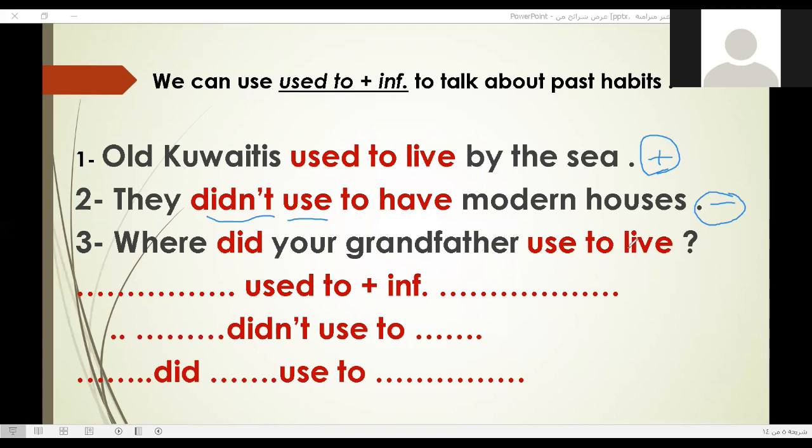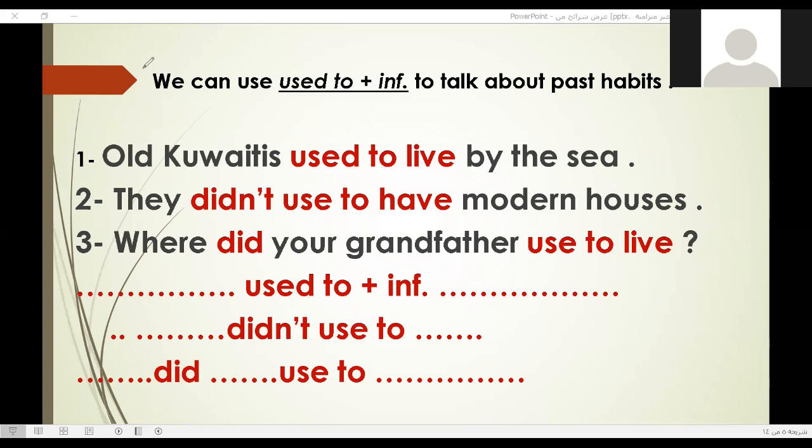Thanks a lot. And the question form, can you read it? Where did your grandfather used to live? Thank you. Like the past form of the question, we use did because we are talking about something in the past. Thanks a lot. Thank you very much.